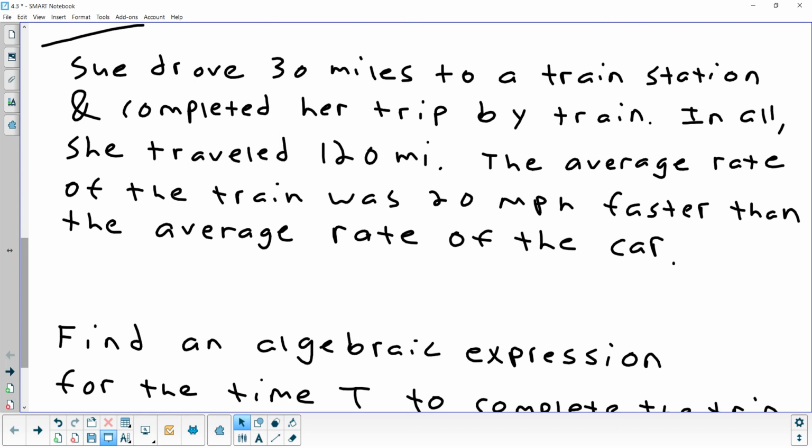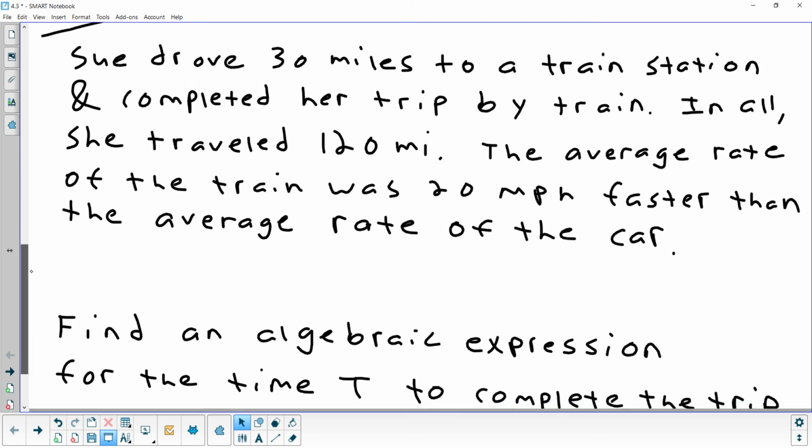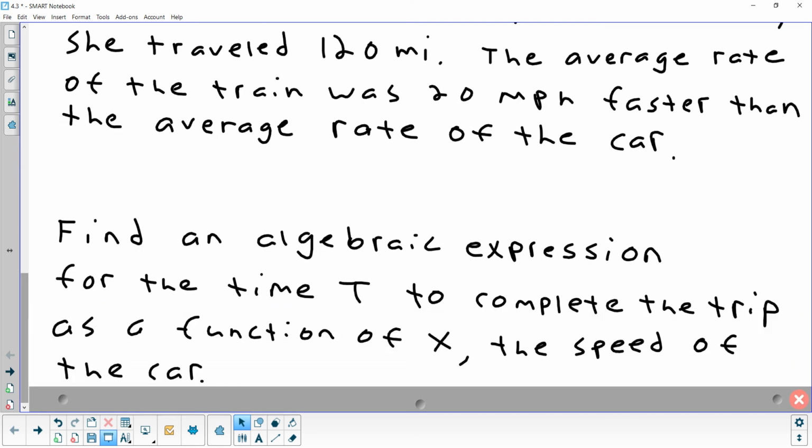So what we want to do is find a formula that's going to represent the time it takes to complete the trip. We're obviously going to need a variable in there as well. And you could do it different ways, but we're going to let x be our variable, and x is going to represent the speed of the car.